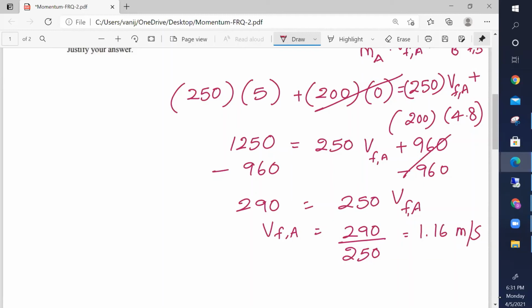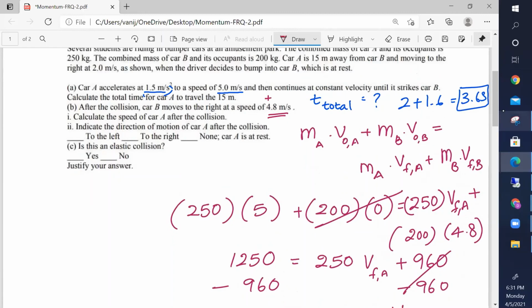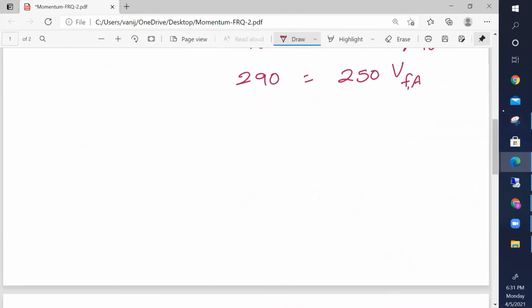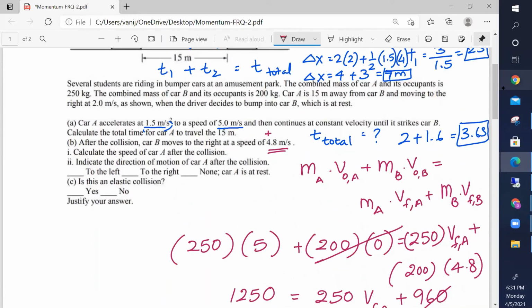Now watch, VFA is positive, positive 1.16 meters per second. And because it is positive, I know that this cart is moving to the right. In the second part of B, they're asking you to indicate the direction of the motion of car A after the collision. Because my velocity of car A is positive when I solve for it, I know that it is moving to the right.